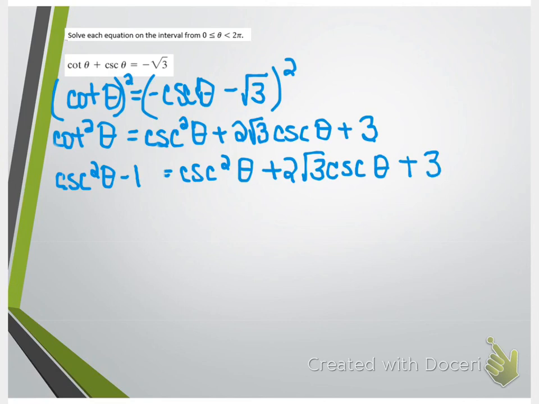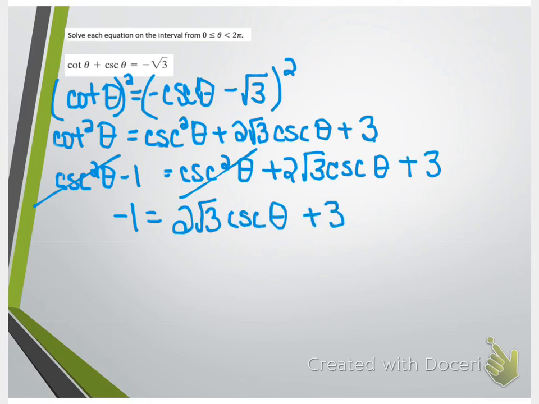Okay, so what happens if I subtract cosecant squared theta from both sides? Don't they cancel out? So I've got minus 1 equals 2 root 3 cosecant theta plus 3.